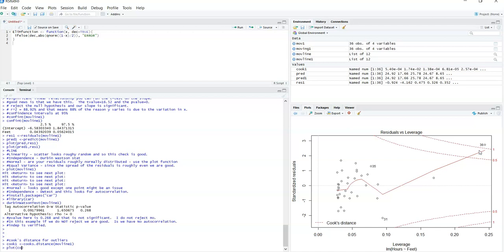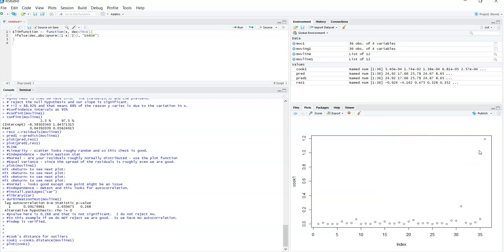And then we can plot the Cook's distances. What we have here is how far each one of these dots is away from the predicted line, and which ones are too far away from the prediction line.